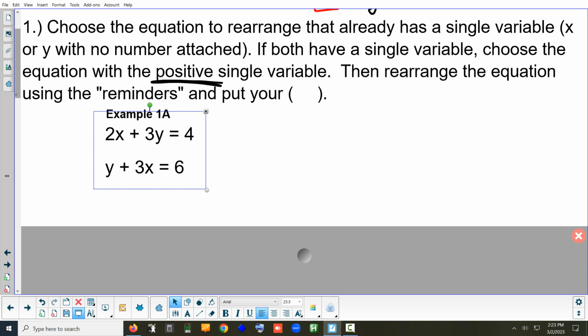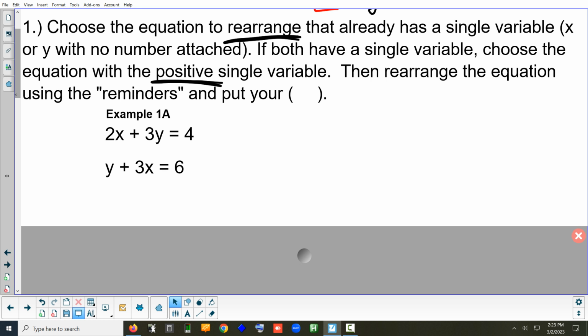But we're looking for a letter that's all alone on one side. Do we have that? No. We need to have that. We can't do it without having that. So we're going to have to rearrange one of these equations. We can pick either the top one or the bottom one. So we want to pick the easiest one.